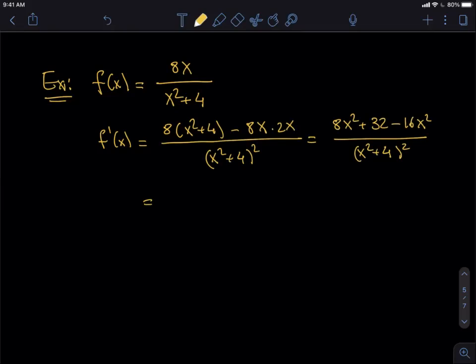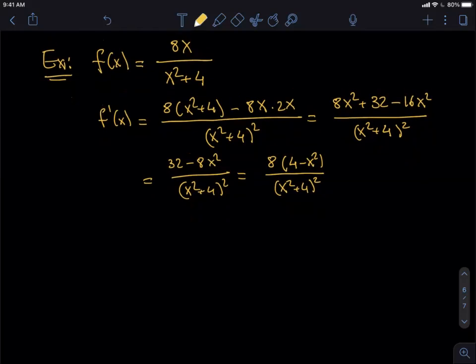And that is 32 minus 8x squared divided by (x squared plus 4) squared. And we can write that as 8 times (4 minus x squared) divided by (x squared plus 4) to the power 2.